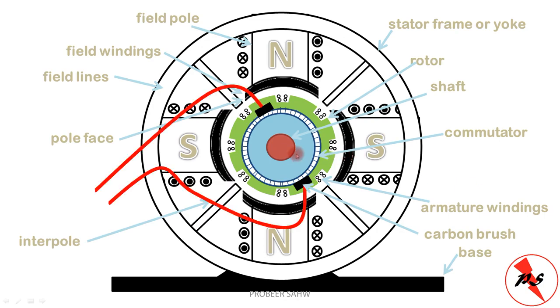So there are two sets of windings. When we connect these wires to the carbon brushes, they act as the external terminals. If it is a DC generator, we can take DC current from these terminals, and if it works as a DC motor, then we can pass DC current to the machine through these terminals.